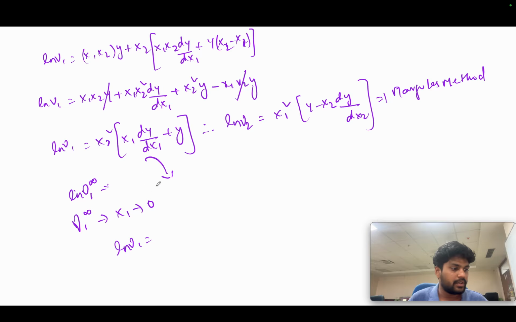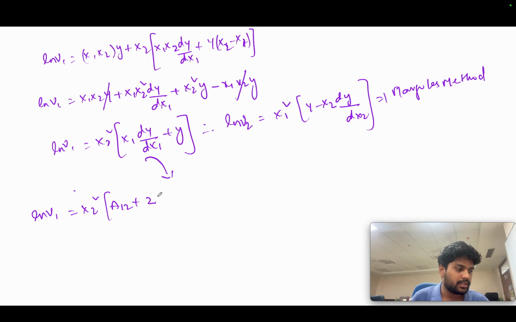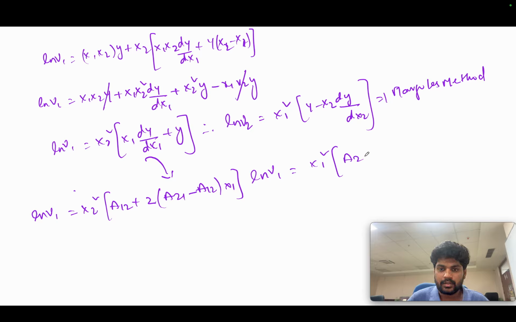So we'll try to expand this equation first. Before writing this equation, what we can do was just expand this equation in terms of a12 and a21. So now this will be ln of y1 equals x2 square of a12 plus 2 into a21 minus a12 into x1, and ln of y2 equals x1 square of a21 plus 2 into a12 minus a21 into x2.